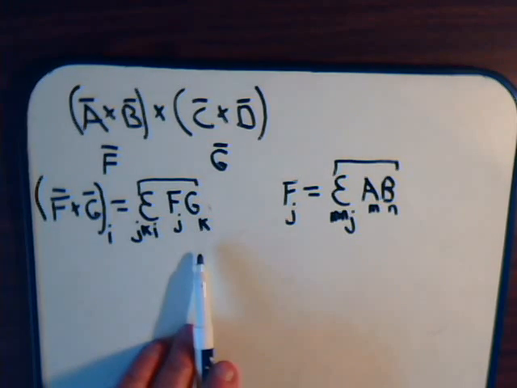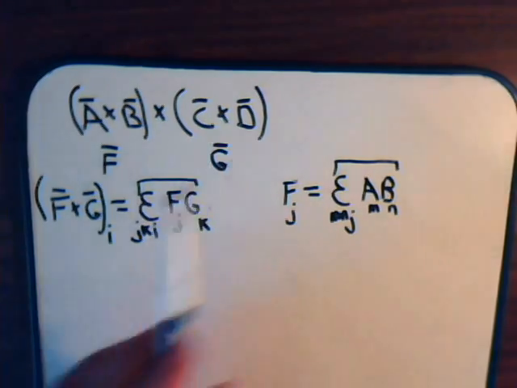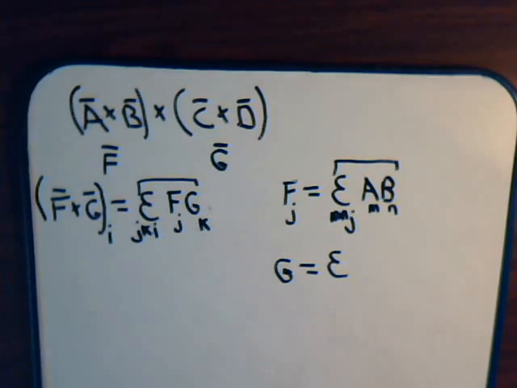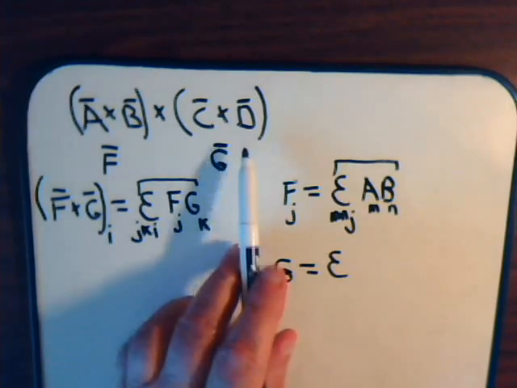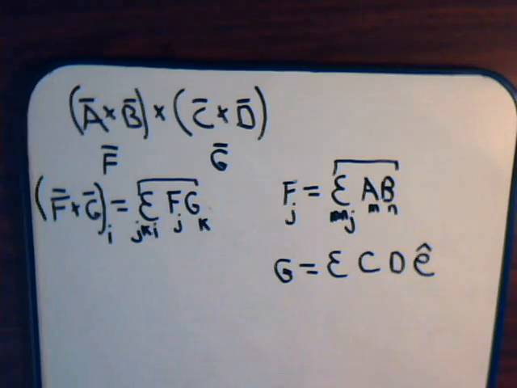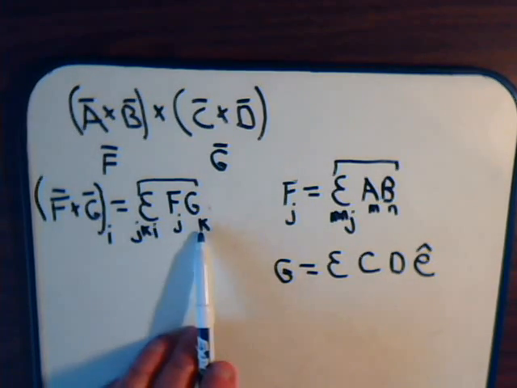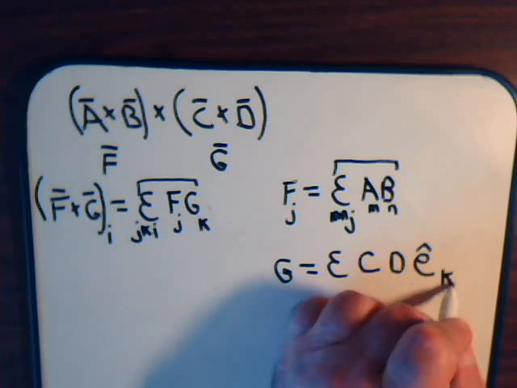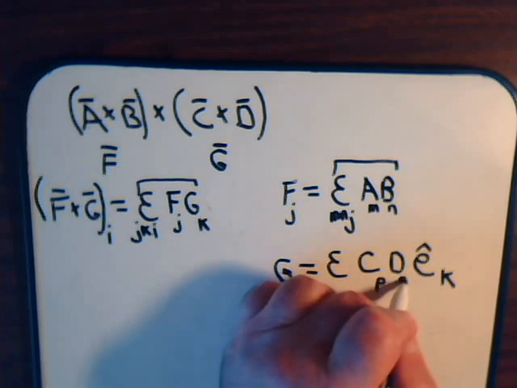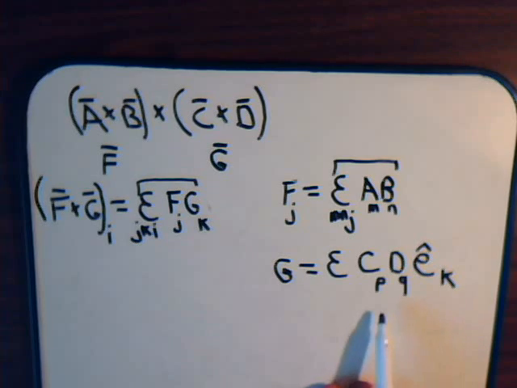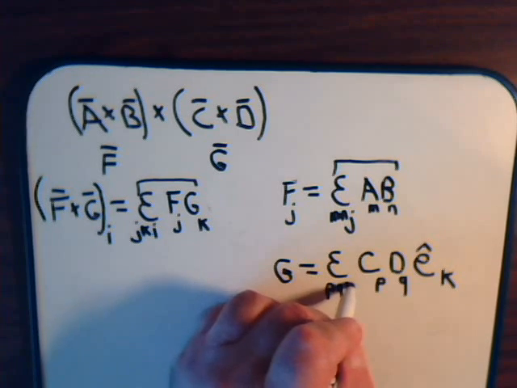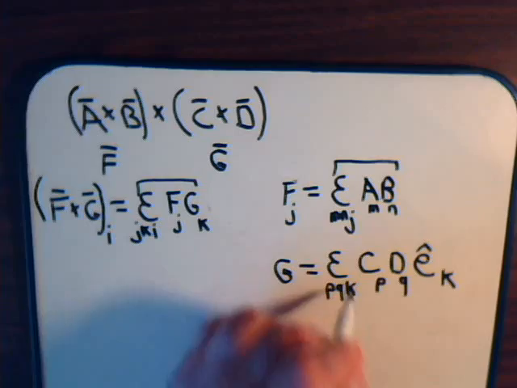Now we want an expression for G of K, and G is this cross product, so we'd say G equals epsilon C D times some unit vector, and we want G of K, so this would be K here, and let's call this P and Q. So this would be epsilon P Q K. And again, we're really drawing heavily now from the work we've done in all of our other videos.